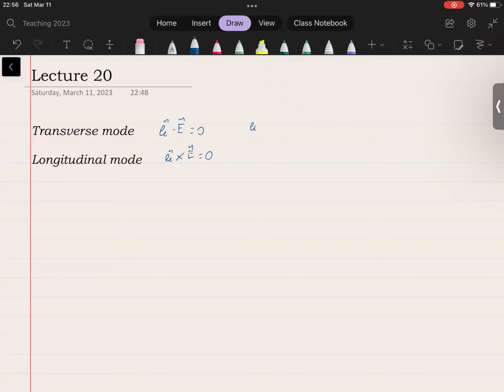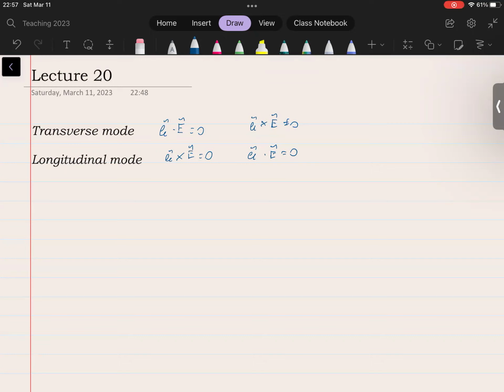And of course, here K cross E is not 0, and K dot E here is not 0. Otherwise, if they were both 0, the electric field would be 0, and we wouldn't have a wave.